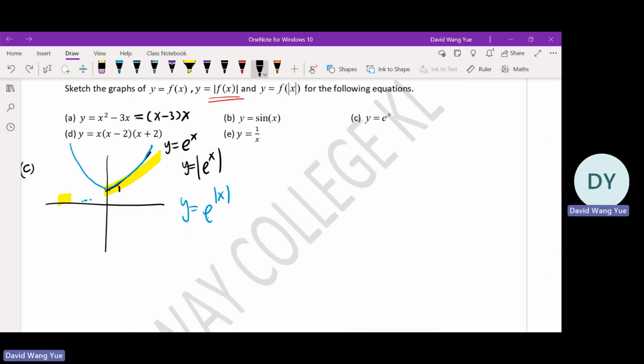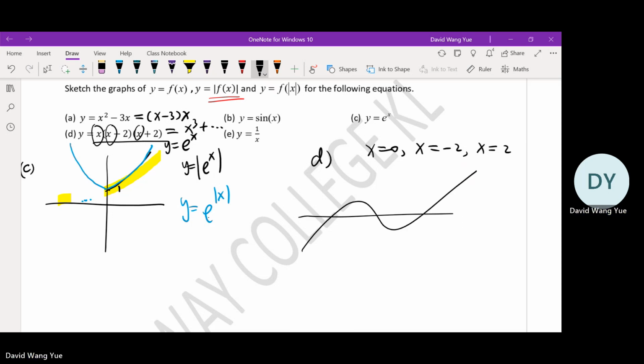Okay, next one is a cubic function. You have 3 roots, and because the coefficient of x cubed is equal to 1, positive, because x times x times x is x cubed, the curve should go this way. 3 roots: -2, 0, and 2.